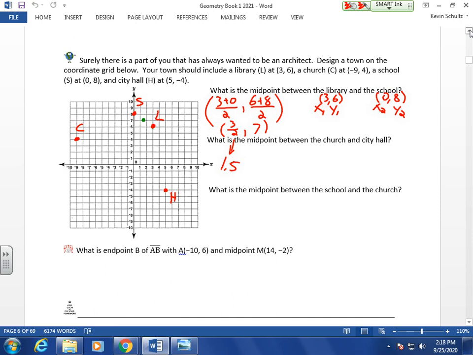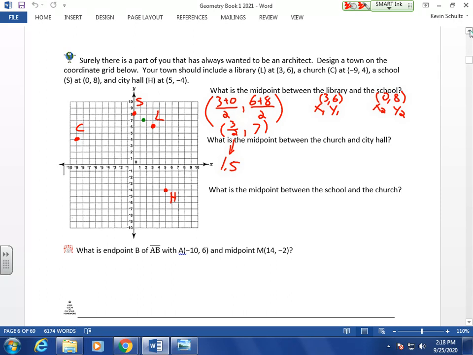So then your brain buster down at the bottom, it says, what is endpoint B of segment AB with endpoint A at negative 10, 6, and the midpoint at 14, negative 2? So in every other example thus far, you've used the formula being given both endpoints to find the midpoint.